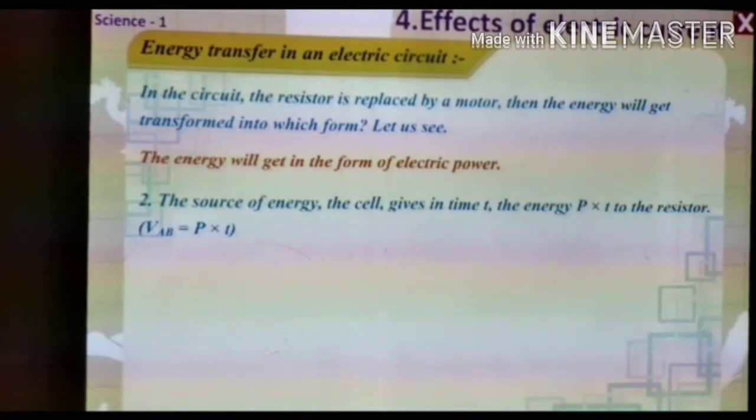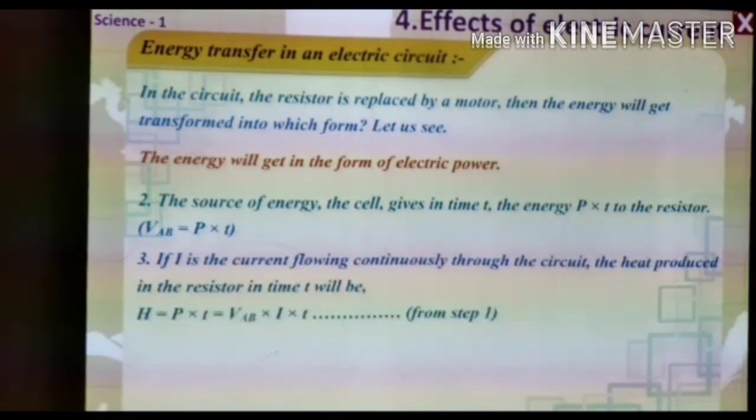Second, the source of energy, the cell, gives in time t the energy P into T to the resistor, that is V AB Q is equal to P into T. If I is current flowing continuously through the circuit, the heat produced in the resistor in time t will be H is equal to P into T, that is V AB into I into T, from step 1.